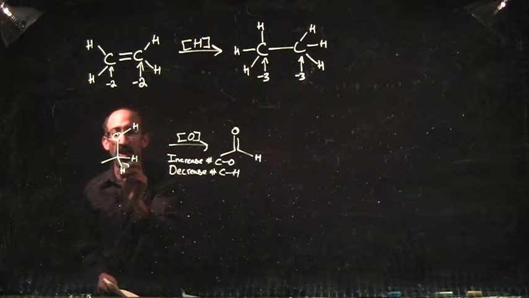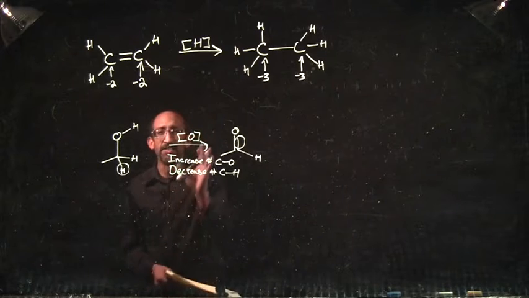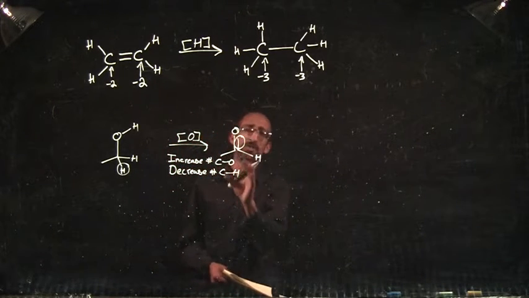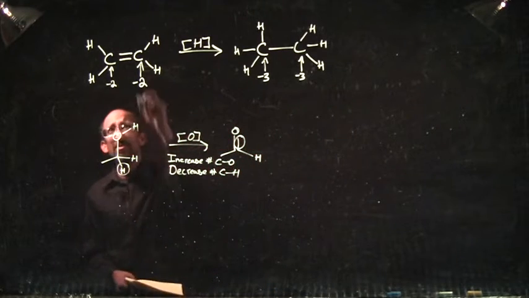You can see here we lost a hydrogen and replaced that with a carbon-oxygen bond. That is one of our signals that a redox process has happened in an organic molecule.